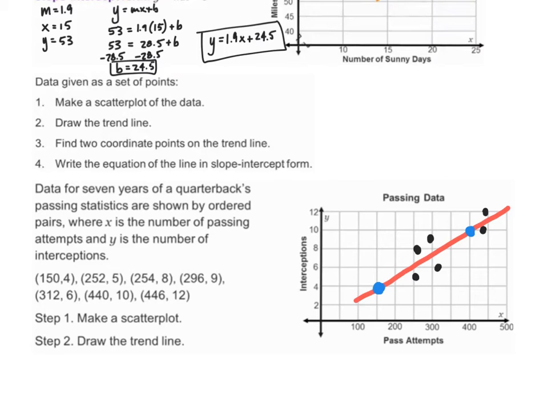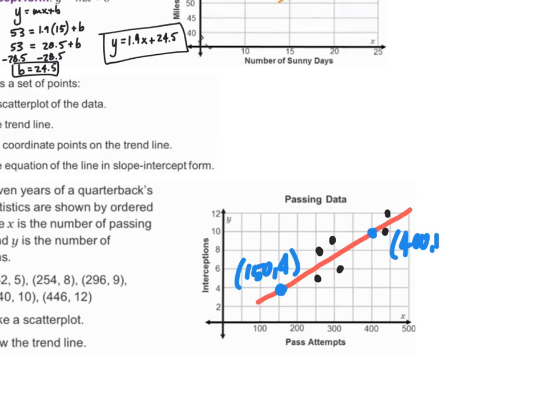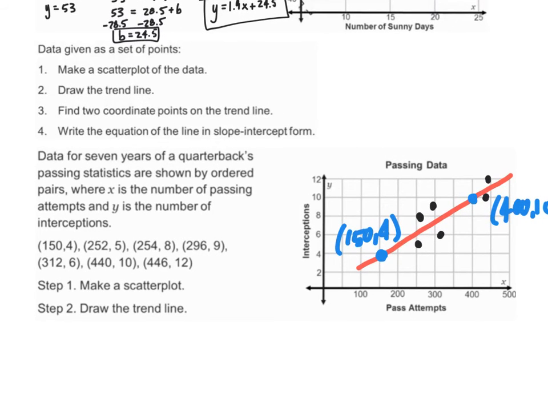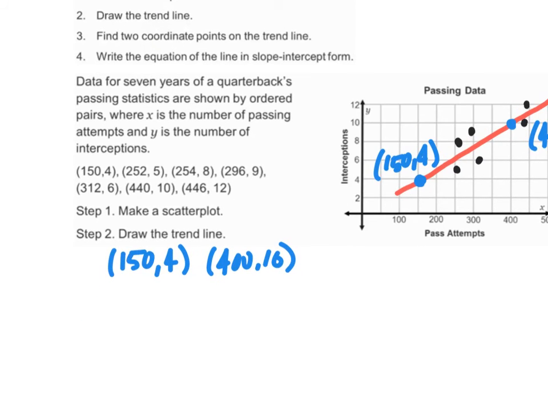So I've got the point 150, comma 4. Okay, and then I've got the point 410. Okay, so now I'm going to use these 2 points to write the equation of my trend line. So I've got 150, comma 4, and I've got 400, comma 10. All right, so now I'm going to use these points. I'm going to call this x1, y1, x2, y2, and plug this into my slope formula. So here's what I got.